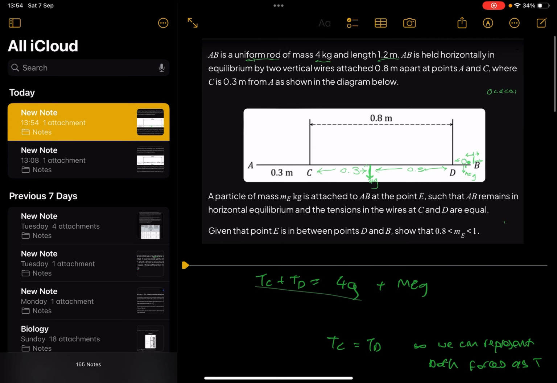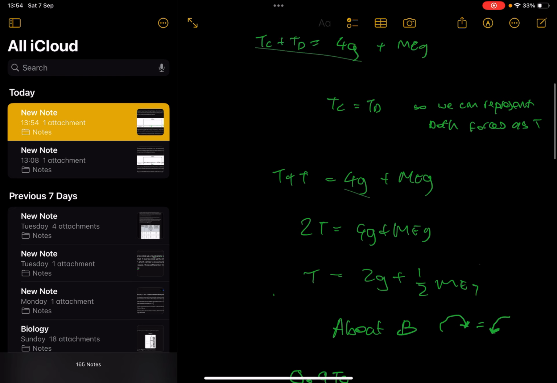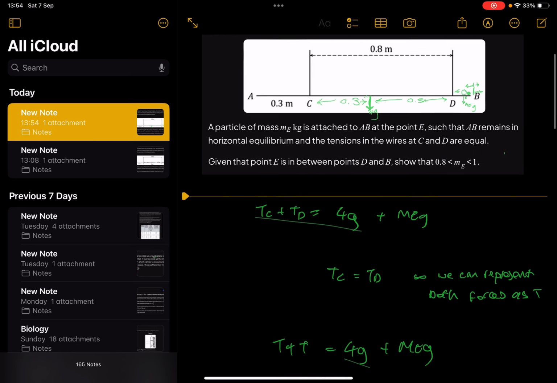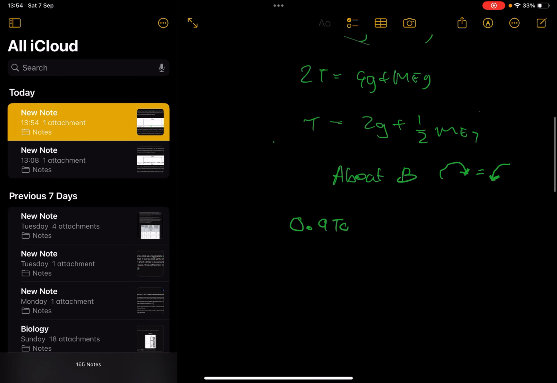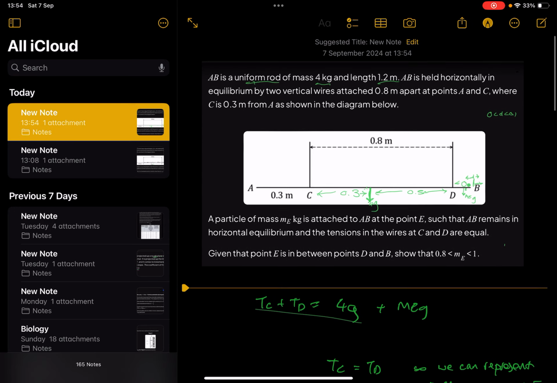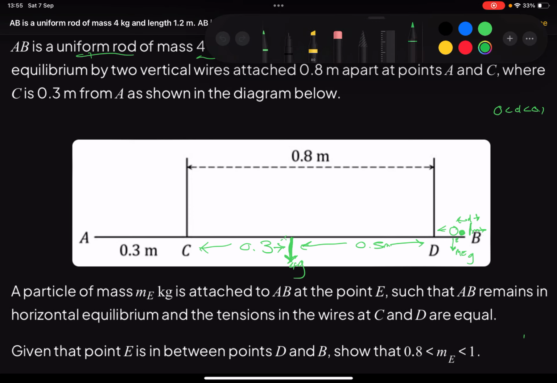So tension C times 0.9, because the distance from C to B is 0.9, and that goes clockwise, on the left hand side.